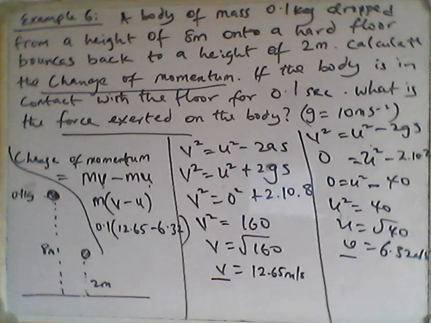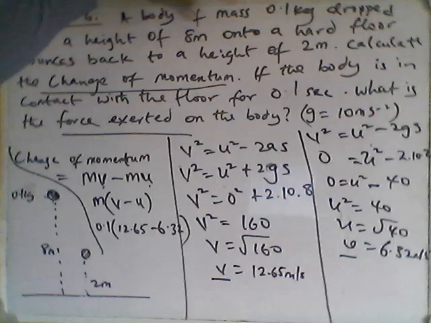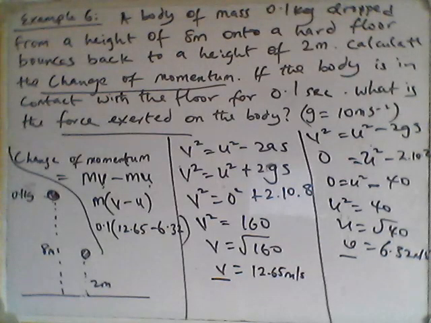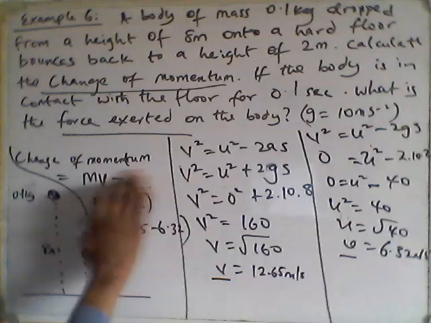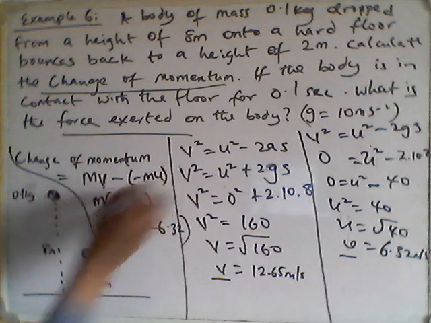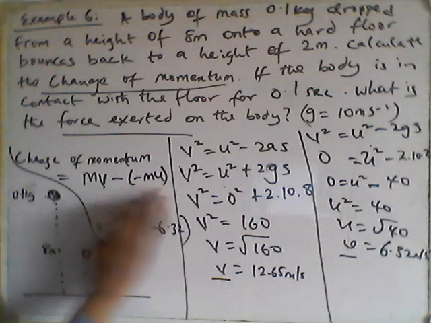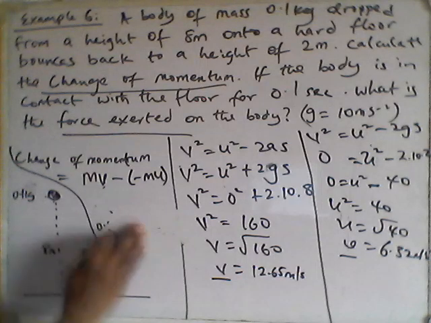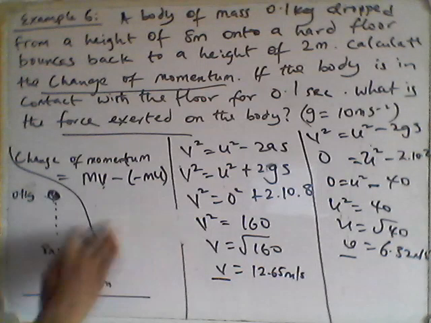Now note again, the dealing of signs is very, very important. This is actually the definition of change in momentum, but because of what is happening here, the first momentum is normal. Second momentum will now have this minus mu. I'm just trying to do economy of space for this board.